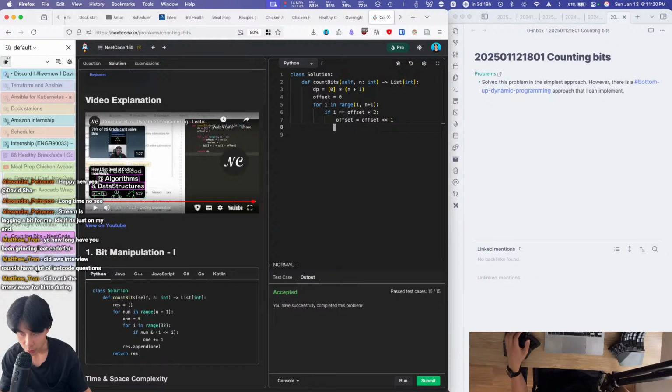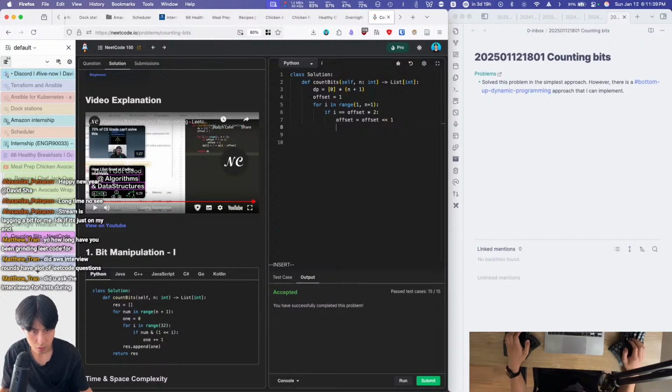So you need to make 0 equal to the highest significant bit of... So you need to make this 1. Then you can shift it.